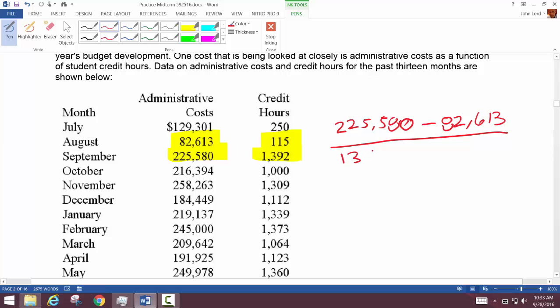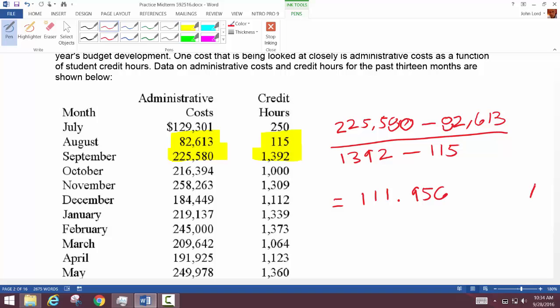And we're going to divide that by the 1392 high level of activity minus the 115 low level of activity, and that, doing the math now, is going to give us what? 111 point what? 956 roughly. 955. Okay, whatever. Close enough for government work.